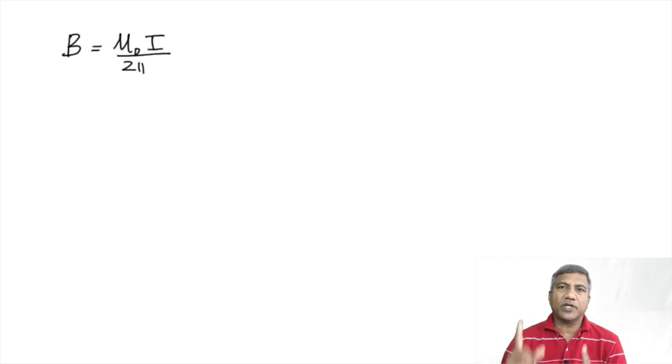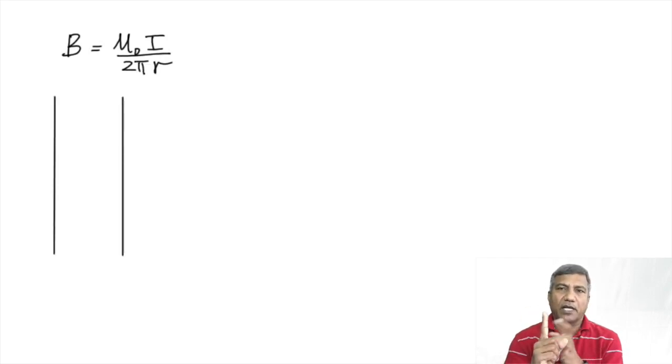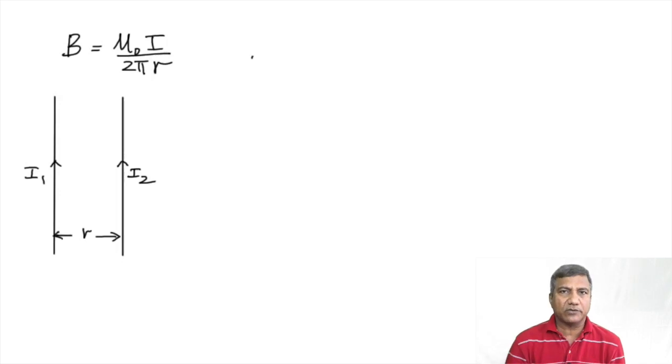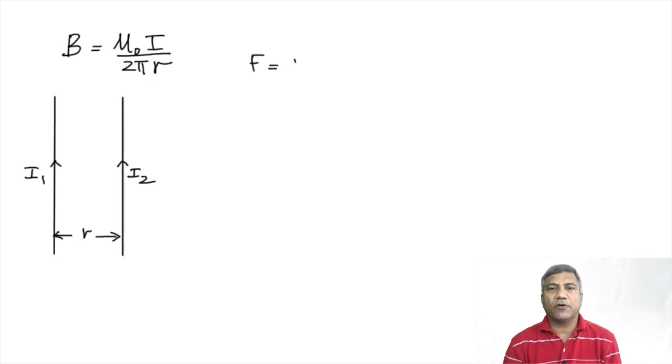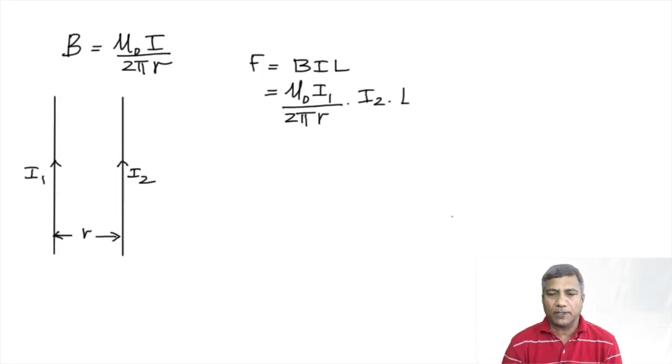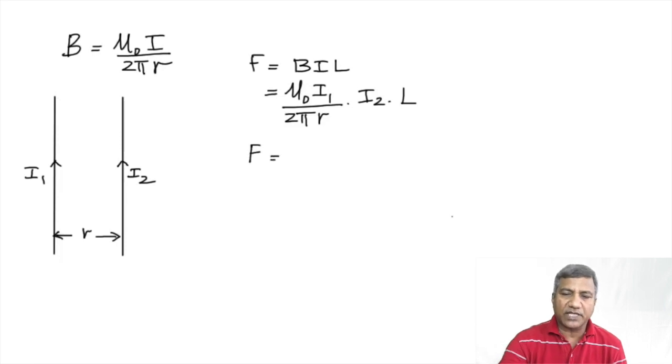So here we have the magnetic field at the second conductor, which is r distance away, and then we can find the force on that second conductor using the formula B times I times the length. Okay, now B is already μ0 I1 by 2 pi r, because that's the magnetic field produced there due to I1, and the current flowing through the second one is I2.